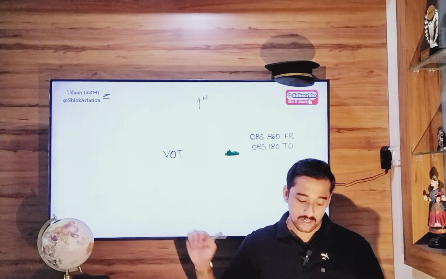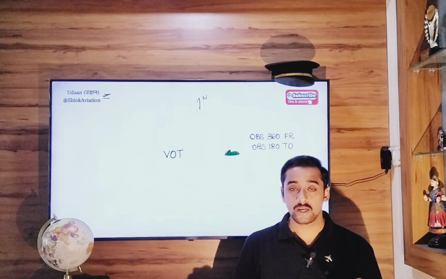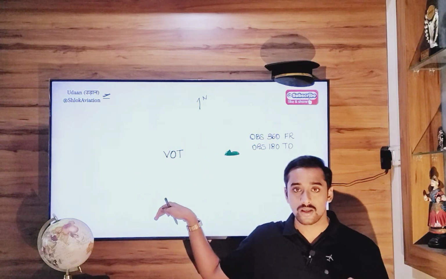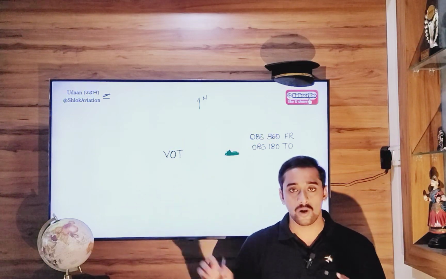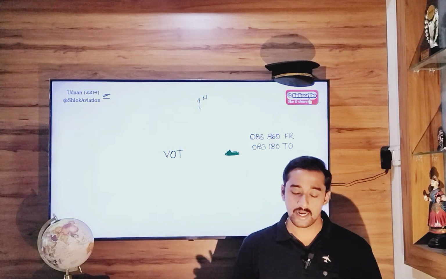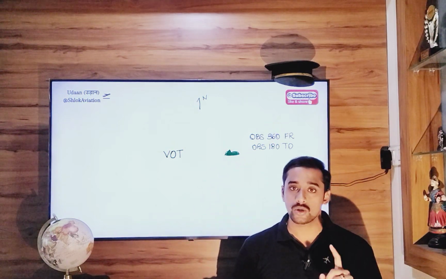But the VOR test facility is an exception. Irrespective of your position with respect to this facility, east, west, south, southwest, southeast, whatever, you must always get either of these two indications: 360 FROM or 180 TO.